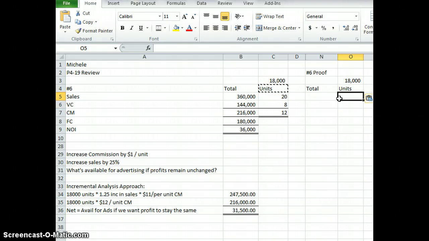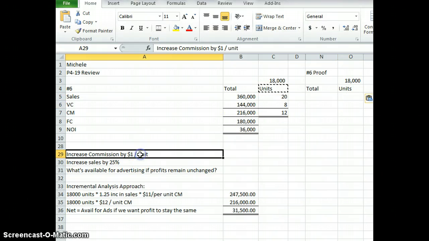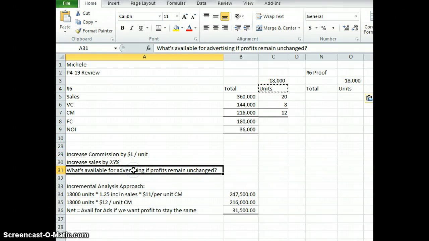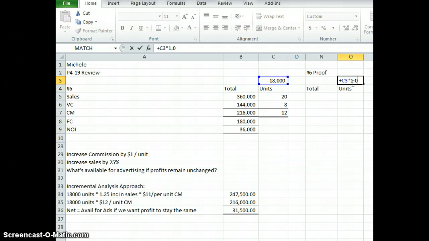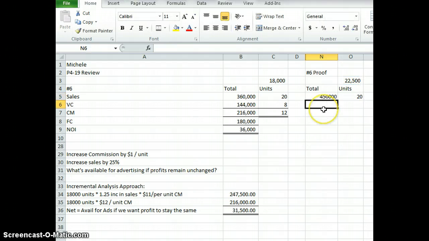And what it's saying is right here, we have no change in our sales price, but we are going to increase our commission, we're going to increase our sales, and we're going to figure out what's left. So if we have a 25% increase in sales, 18,000 times 1.25 says we're going to have 22,500 units. 22,500 units times our unit price of $20 is going to generate sales revenue of $450,000 as a starting point.